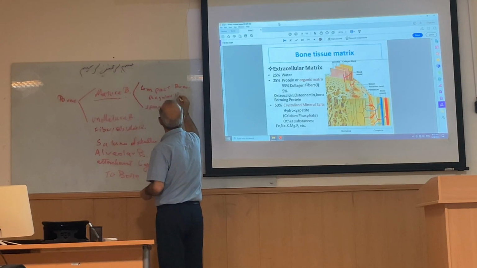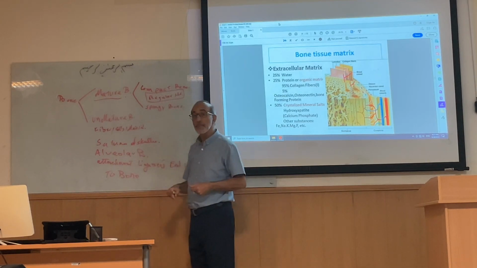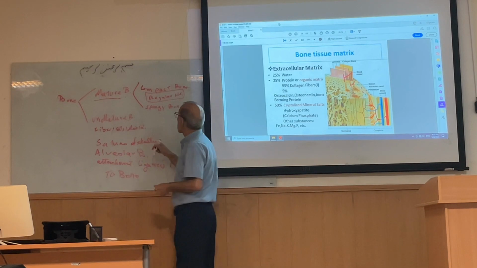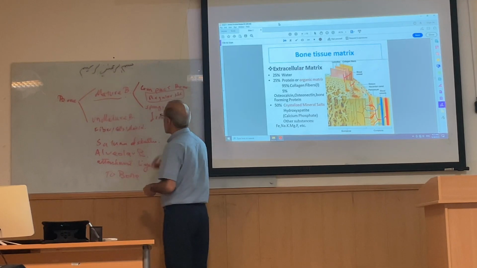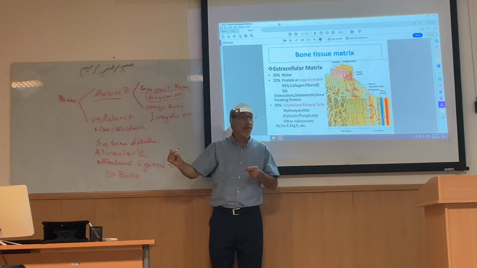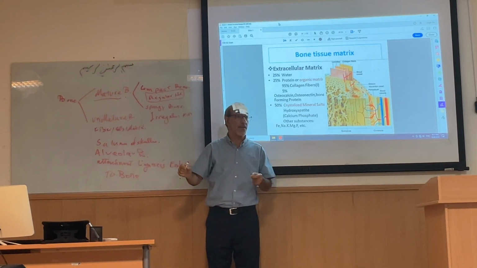Regular Haversian system means compact bone. Spongy bone has an irregular Haversian system.